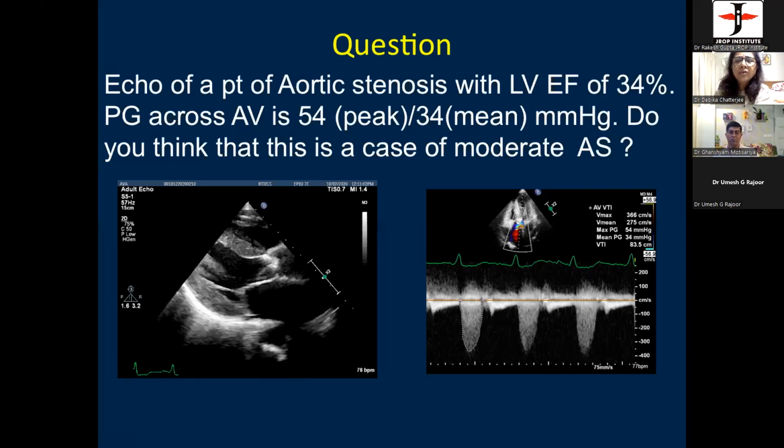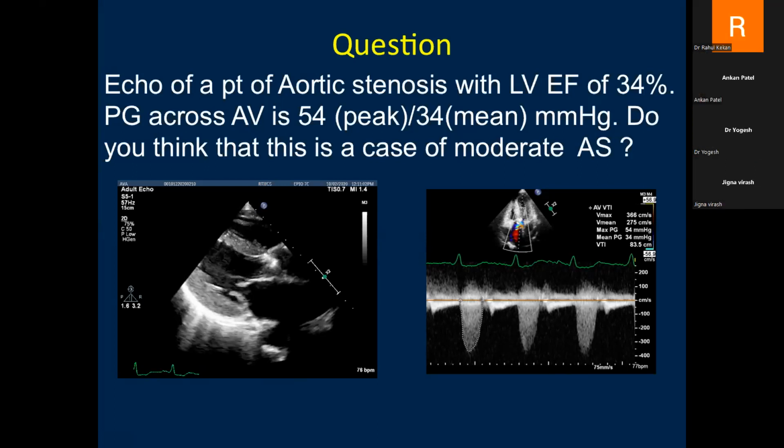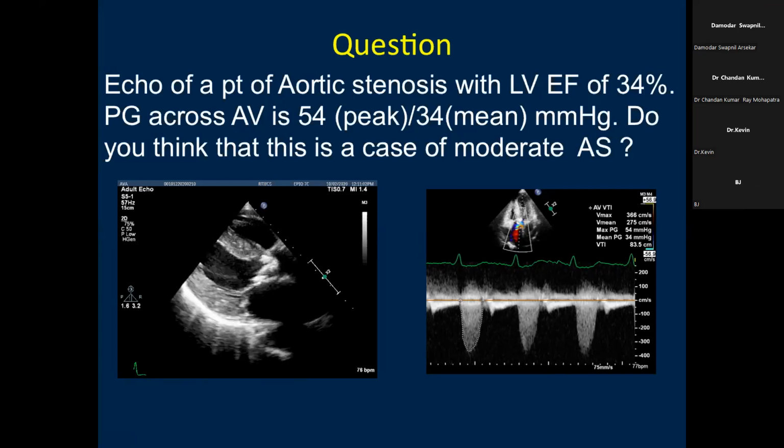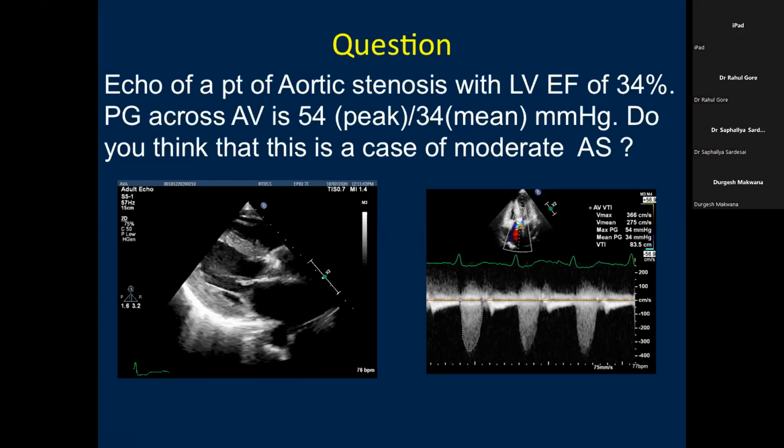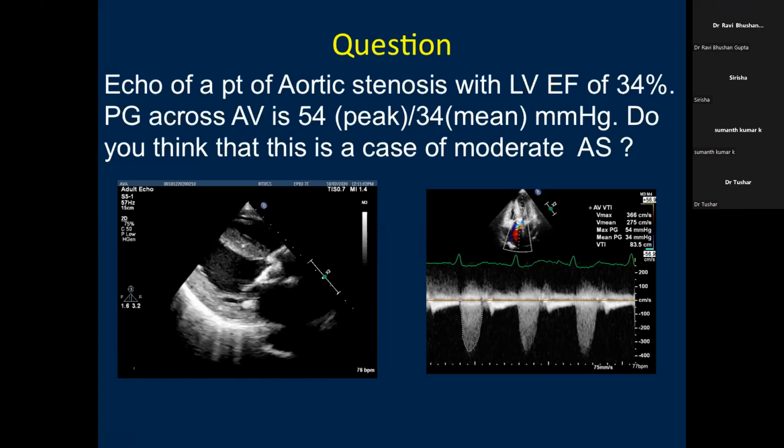Madam, it should be done in mid-systole. And the caliper, we have to place 2 to 5 millimeter inside the LVOT from the insertion of the aortic valve leaflet into the interventricular septum and anterior mitral valve leaflet, madam. One hinge point to another hinge point.